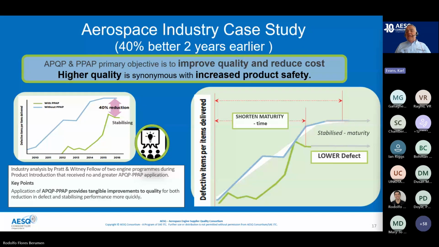So when you look at the data, what it's saying is that when you apply APQP, we're seeing in this case study a reduction in the actual quality defects, stabilizing 2 years earlier than the comparative engine program, which is 2 years longer. Plus there is a difference in the amount of quality defects experienced from this program. So there's data which suggests that APQP is good. It gives us what we need, so it's a positive.